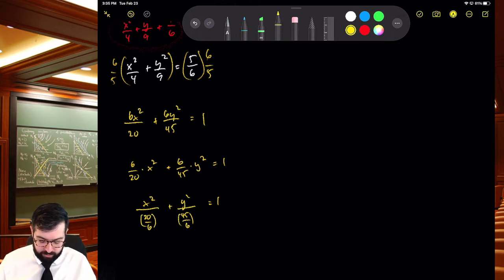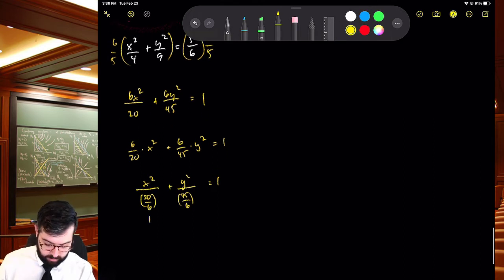So what does this look like? Well, square root of 20 over 6, let's just punch that in real quick, just because I want to give you guys an idea. So your a value is like 1.86, and your b value is like 2.7.